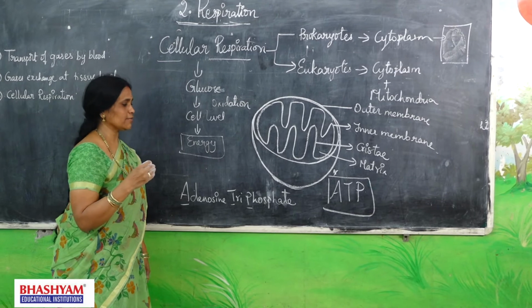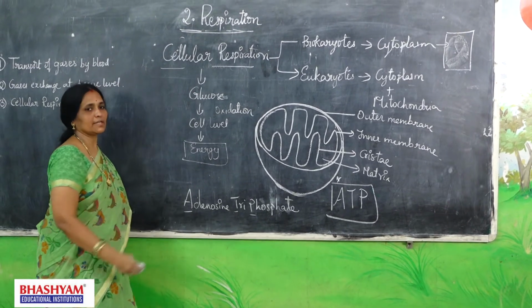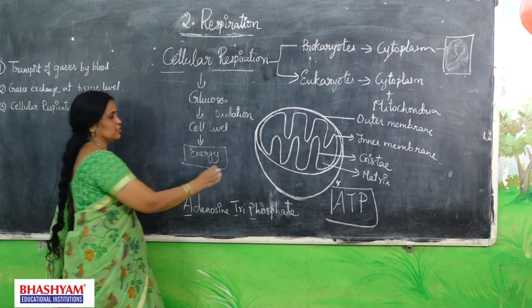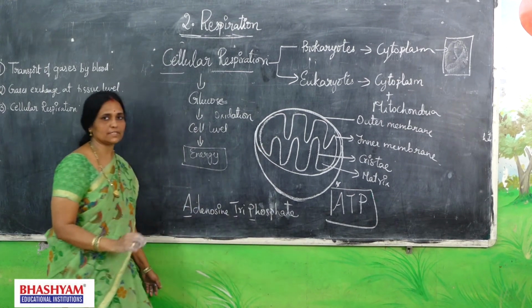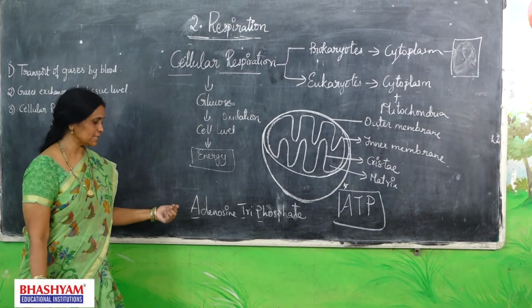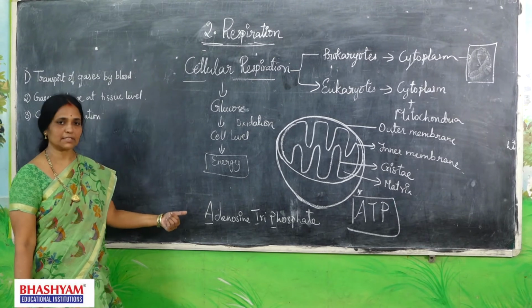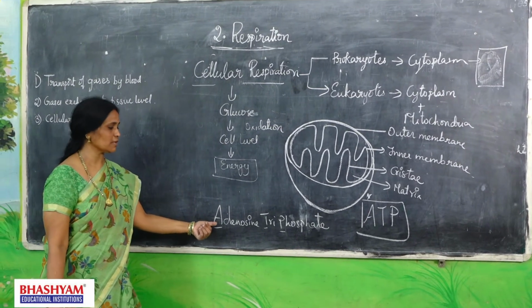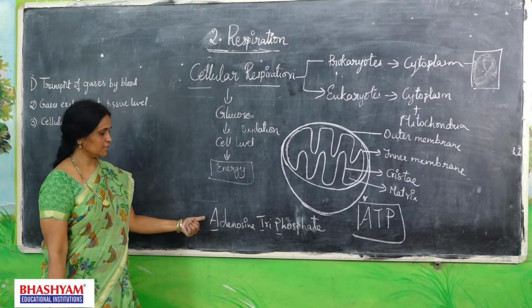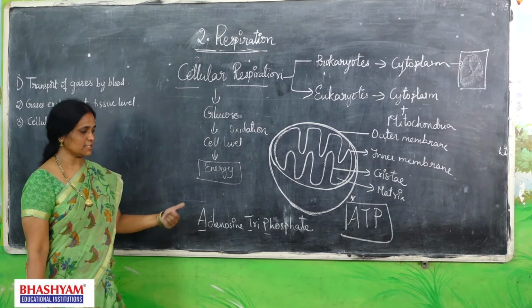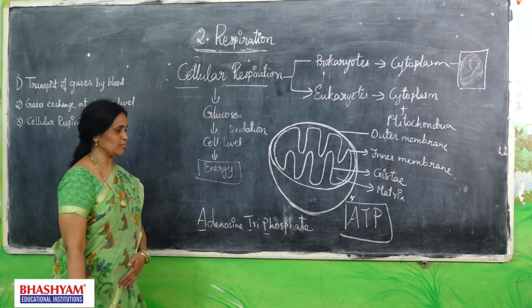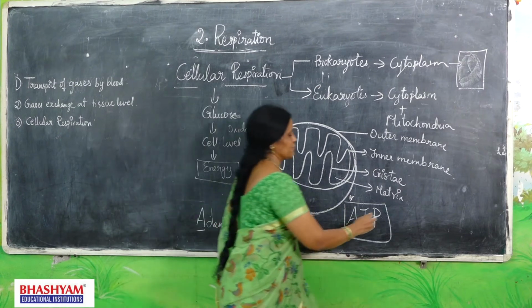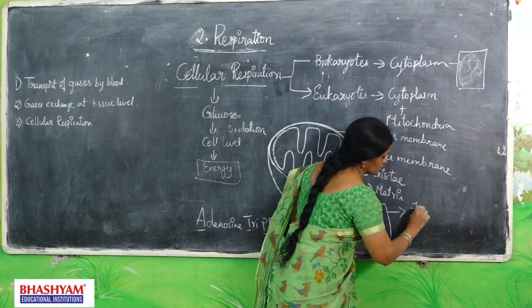When our body requires energy, mitochondria release ATP, hence mitochondria are called the powerhouse of the cell. This ATP is considered as energy packets, and in each ATP molecule, approximately 7.2 kilocalories of energy is stored.